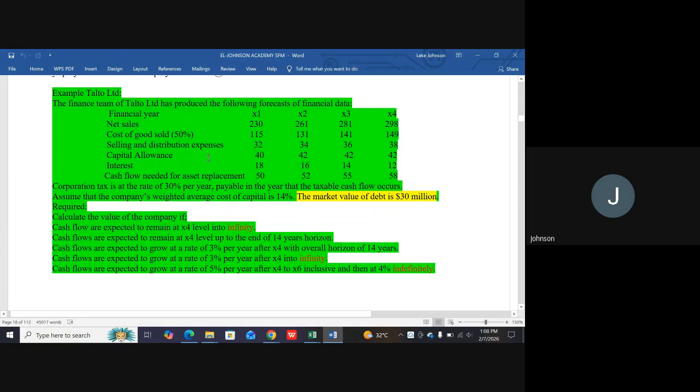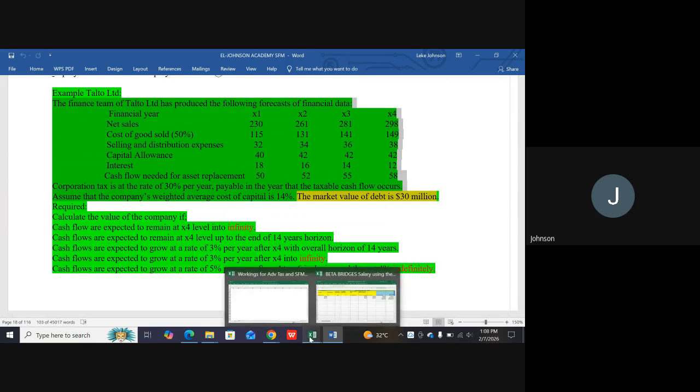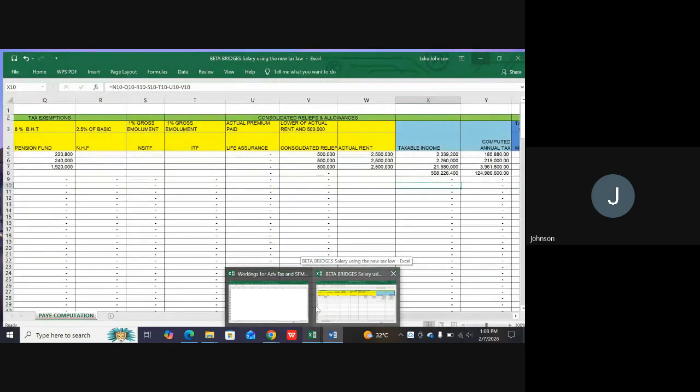However, if you're only told to use free cash flows to equity, then the best thing to use to discount is the cost of equity. So let's first solve this. Let's first get our free cash flow. Once we've gotten our free cash flow, we can start looking at what is required. So let's go to our template and look at what we needed to do.